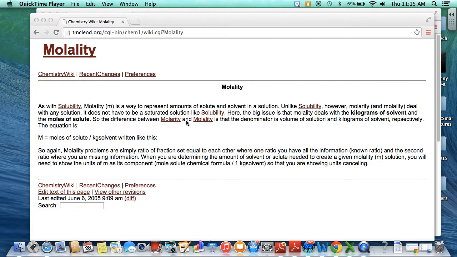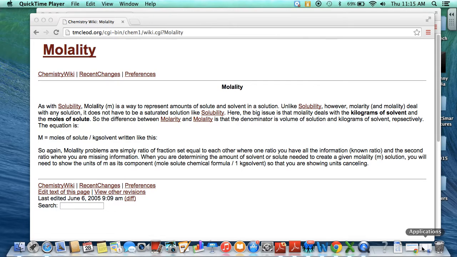I can't show you the bar on the little chart, so you need to put a bar over this little m. It's not a big M, it's a small m. Again, it's moles of solute over kilograms of solvent.